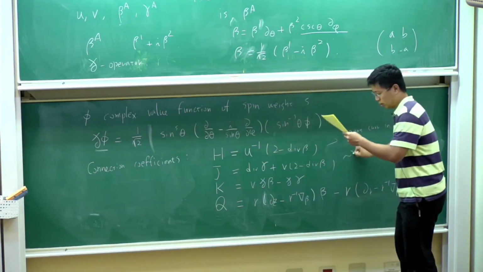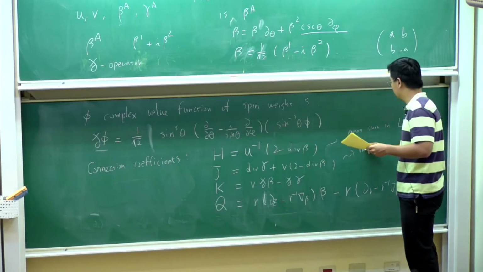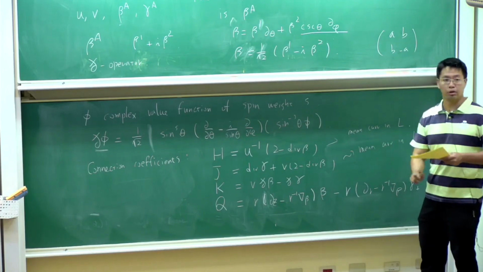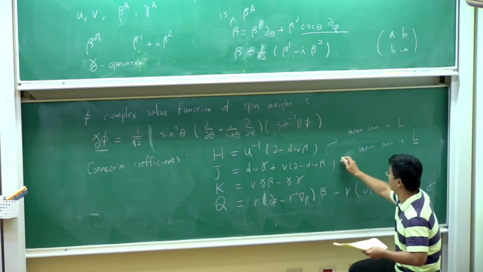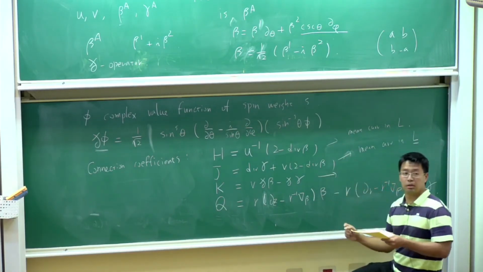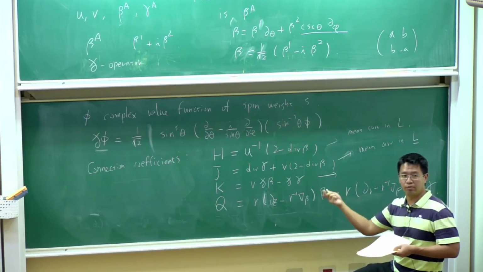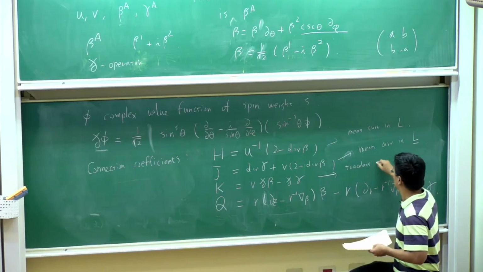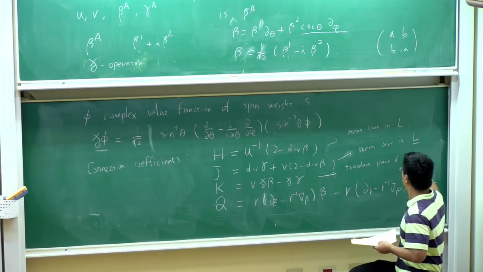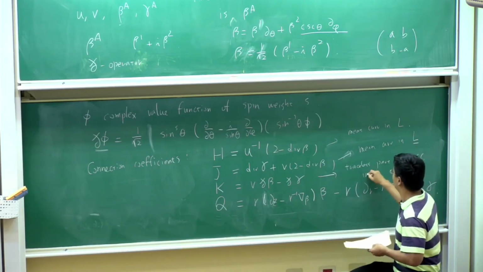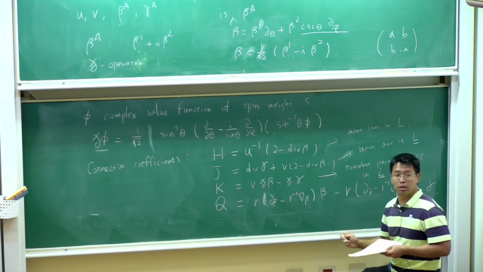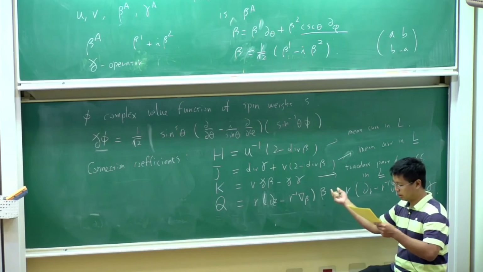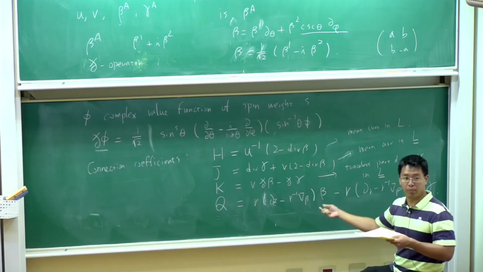And this corresponds roughly to the mean curvature in the inward direction. Sorry, this is the trace part of the second fundamental form in L bar. And this one is the connection one-form of the normal bundle.